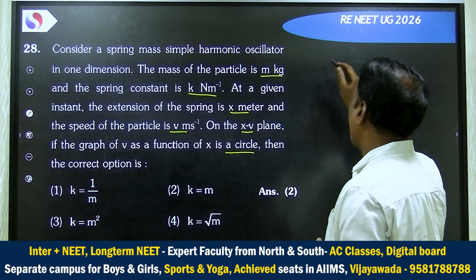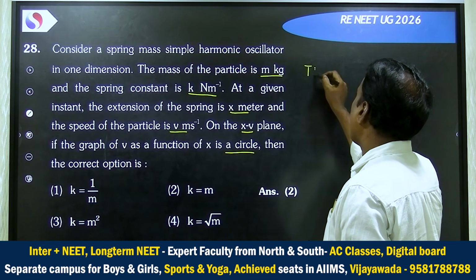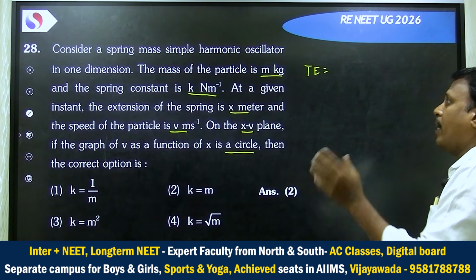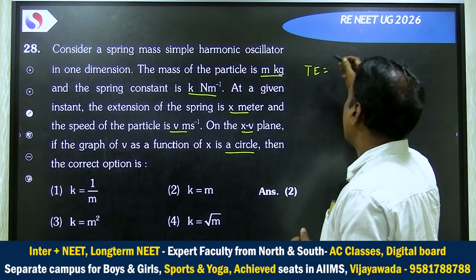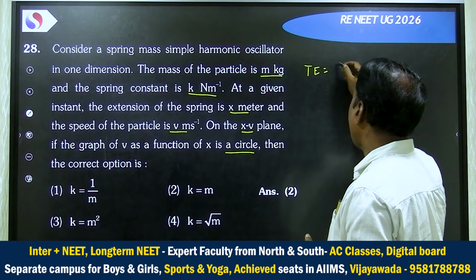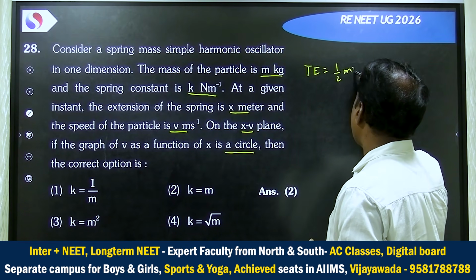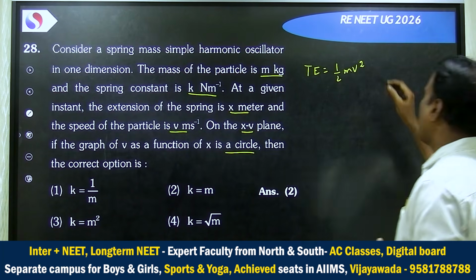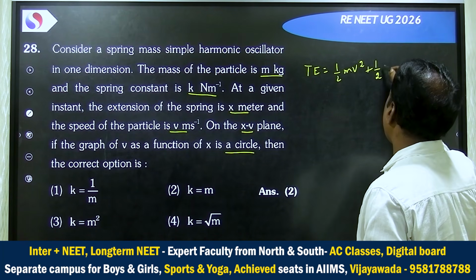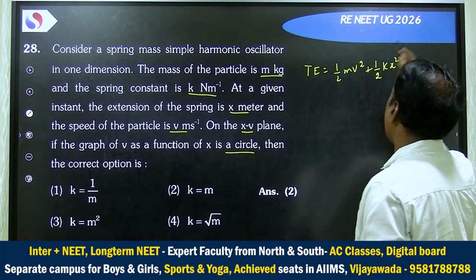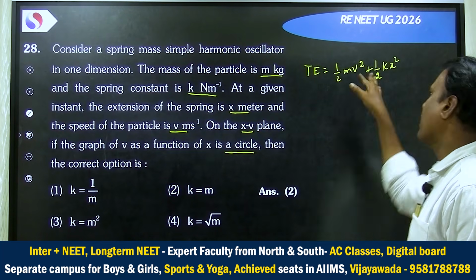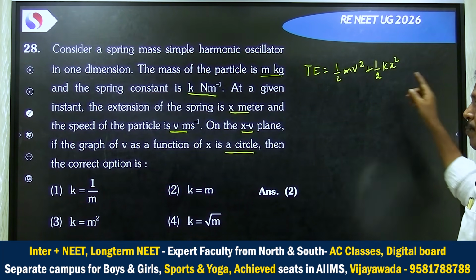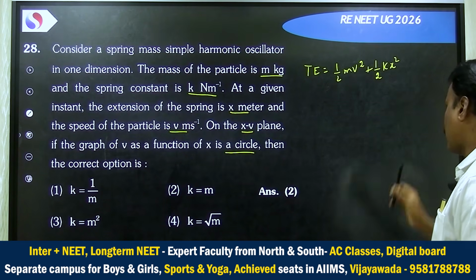This we can get from the law of conservation of energy. Here body and spring both are in motion. That's why we can get the total energy of the particle as the sum of two things: energy of the particle, which is half mv square, and energy of the spring, which is half kx square.